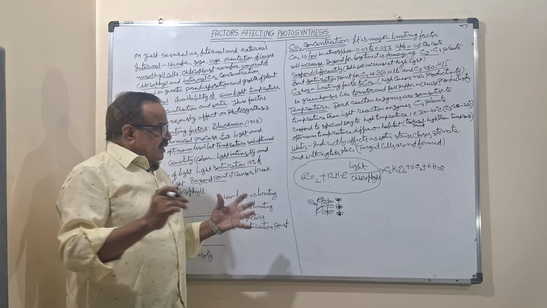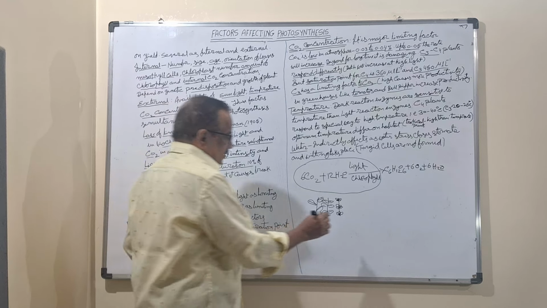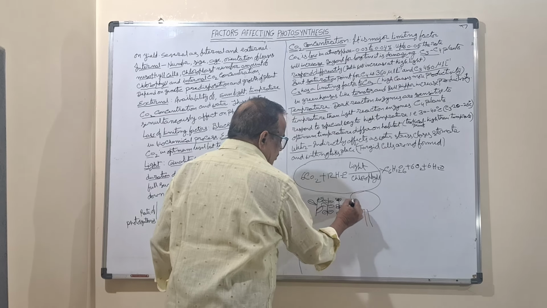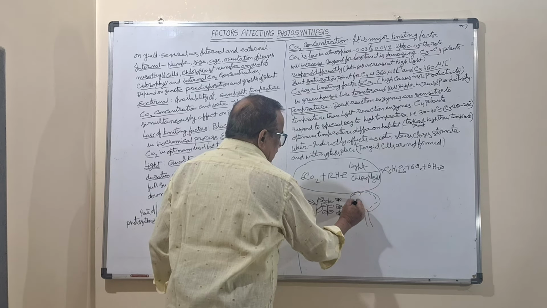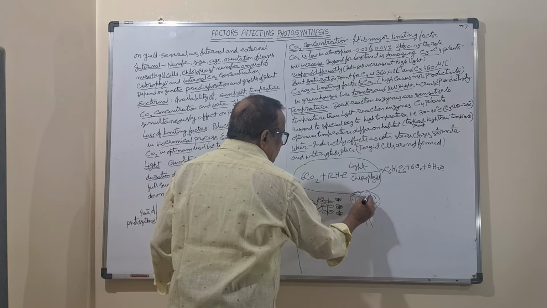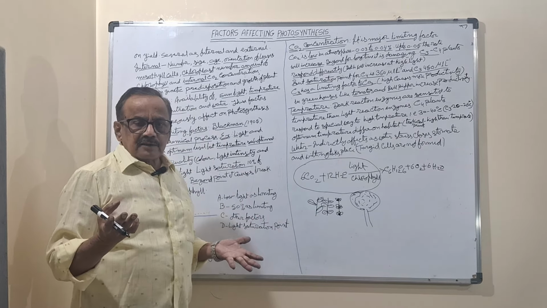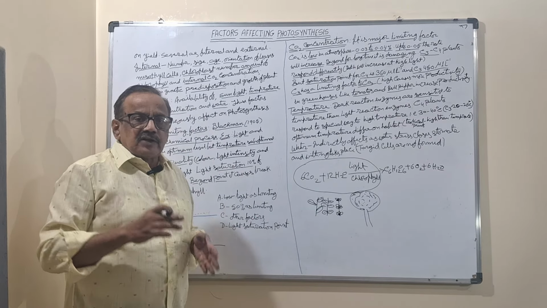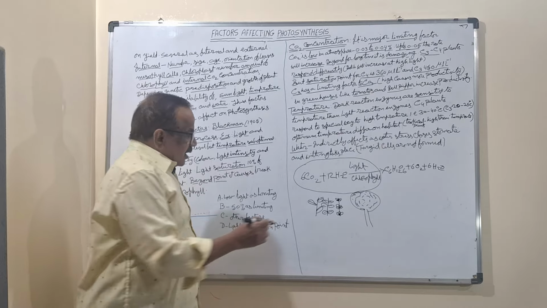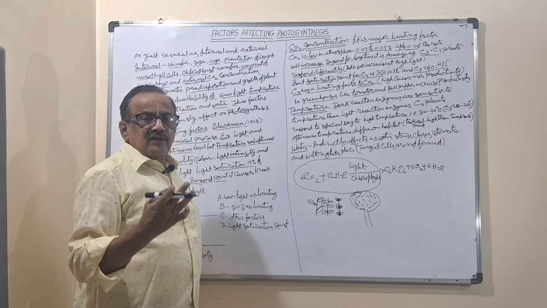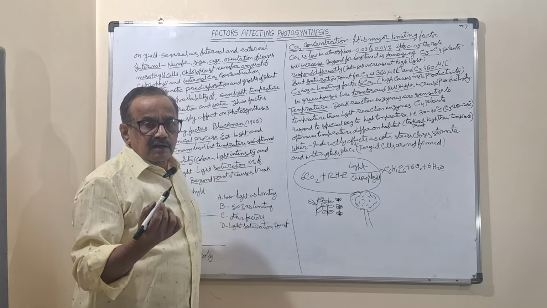Leaves are present on a tree. When you take a tree, so many leaves are there, and leaves are present internally also. Outside leaves will get more sunlight. Inside leaves, diffused light will come. Outside leaves have already taken the light and will reflect whatever they have not absorbed.